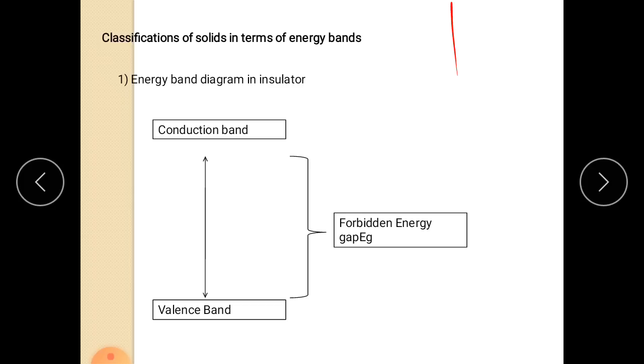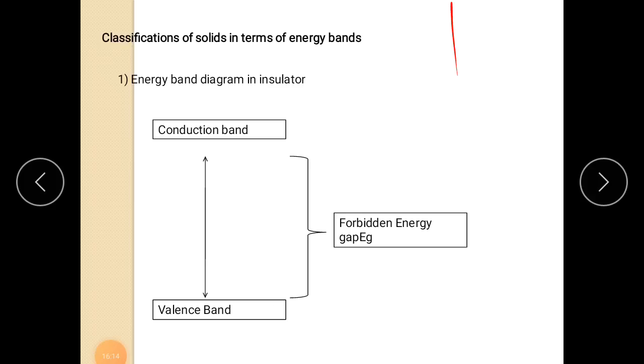These continuous energy levels are so close to each other that they look like a band.